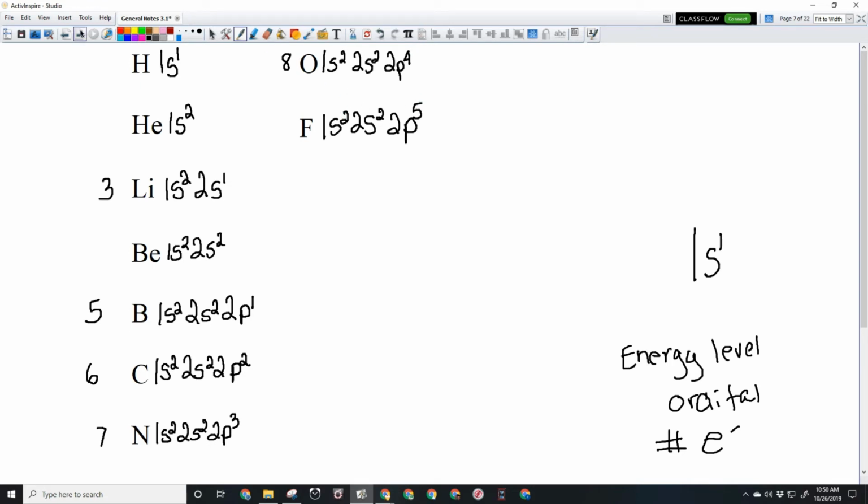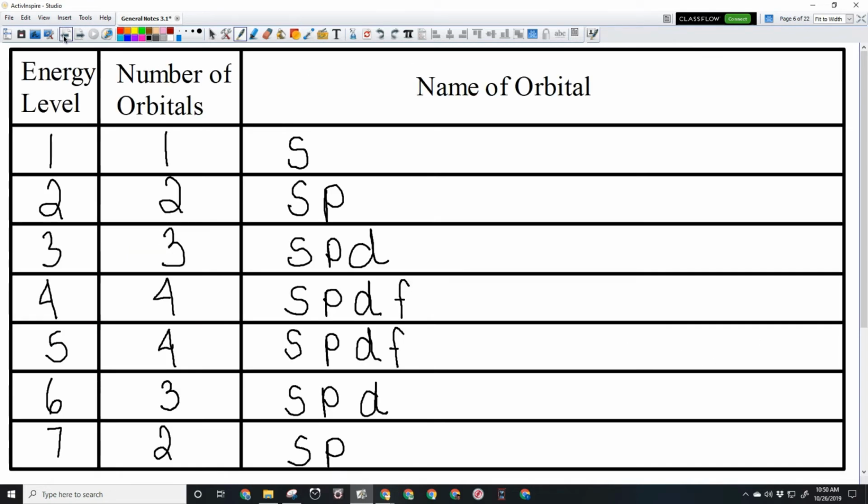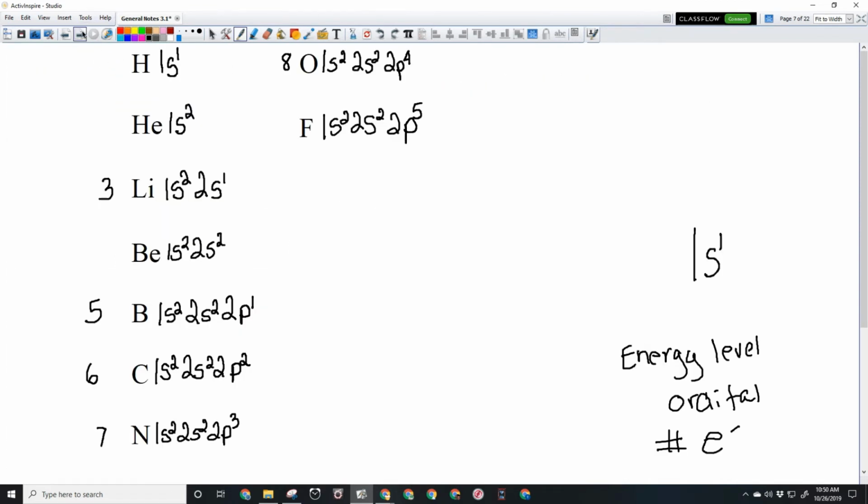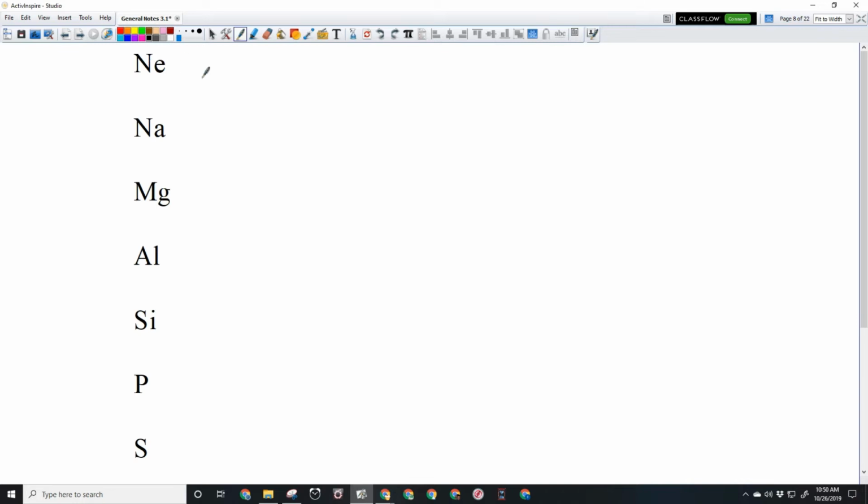And then the very last one is neon. I don't think I have neon on this page. Neon is going to be 1s2, 2s2, 2p6. It's in the 6th position over.